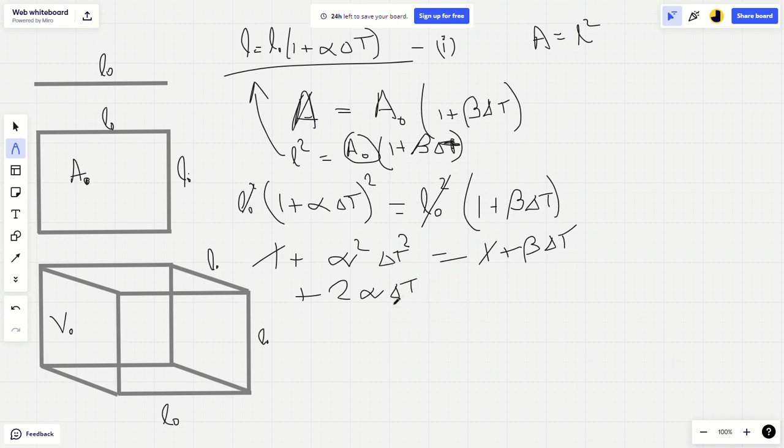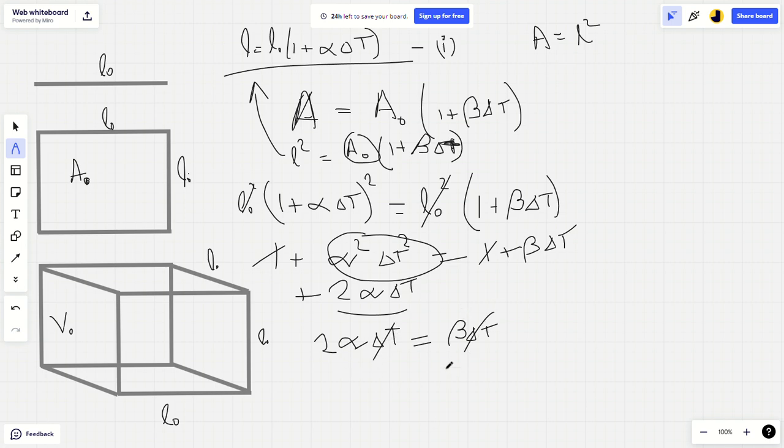Okay, so here this alpha square delta t square is going to be very small compared to 2 alpha delta t, so we can neglect it. We can write 2 alpha delta t is equal to beta delta t.